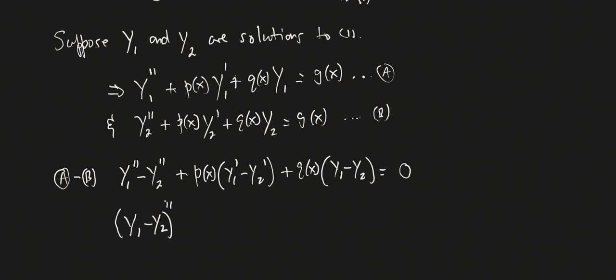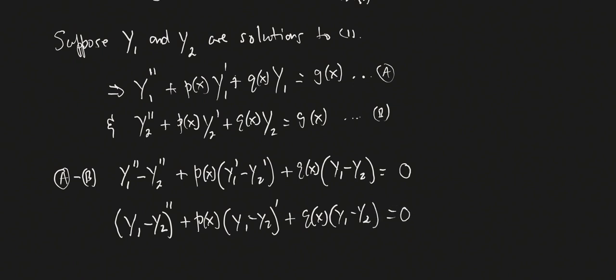The derivative has properties similar to what we call linear transformations, where the transformation of a difference is the same as the difference of the individual transformations. This is our difference rule from Calc 1, and the same thing holds here. I can write this as (y1 minus y2) prime, and because I don't have any derivatives here, I have this.